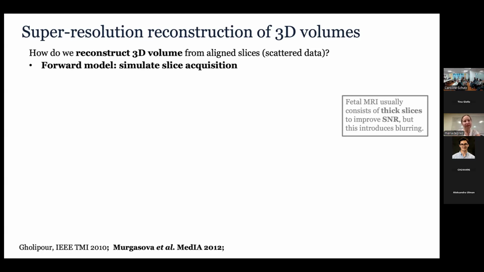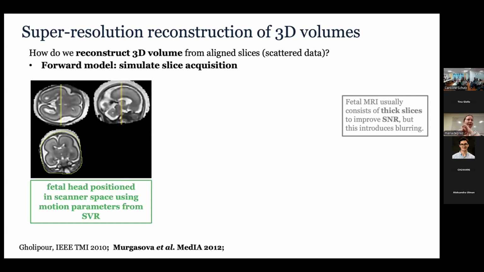And basically the idea behind super resolution is, let's try to model how the slice is acquired, so we have a mathematical model of acquisition, and then let's try to go back and solve the inverse problem: what the volume would have been given all the acquired data. Of course, MR scanning is not simple, so the modeling is not very precise or accurate, but even with a relatively simple approximation, we can actually do quite well.